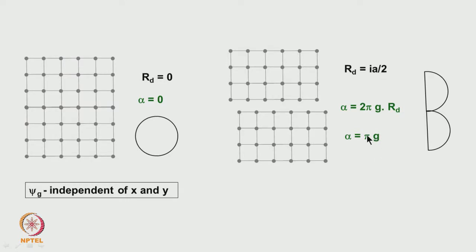See, pi is in radian. So here when we write it, this one is for a by 2, this specific case. Otherwise what you have to take is that G dot R D has to be a dimensionless quantity. Correct? Okay.